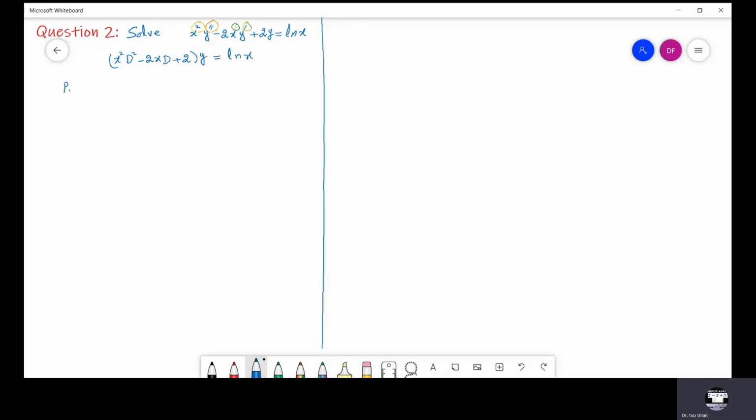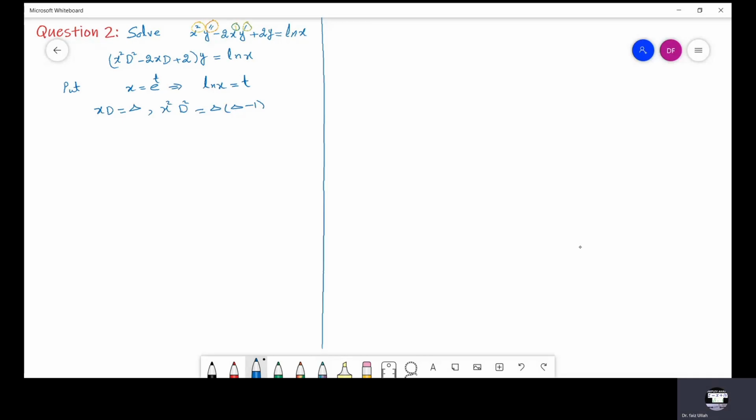Now to solve this equation, we will put x is equal to e power t, and from here we can get that log x is equal to t. Similarly, we can put xd equal to delta, and x square d square is equal to delta into delta minus 1.